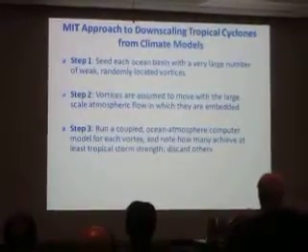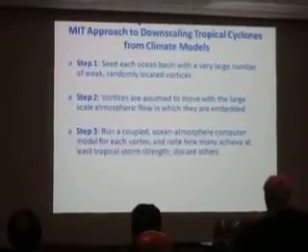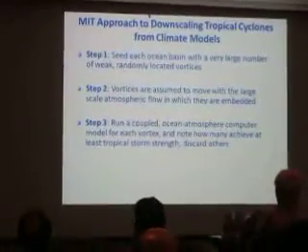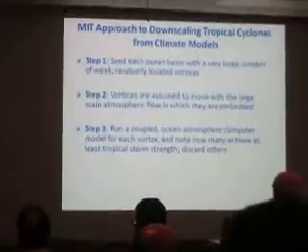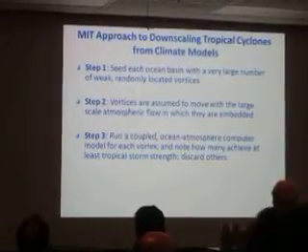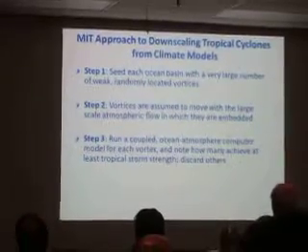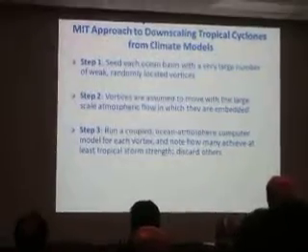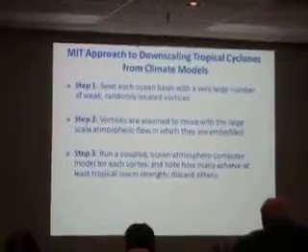Then we run, this is the key step, a very detailed coupled ocean-atmosphere hurricane model, which we developed for completely different reasons here at MIT. It's actually been adopted by the National Hurricane Center and other organizations to help predict real hurricane intensity. But we run it as a very, very fast model, at very high resolution. We run that model over the tracks that are created in the first two steps.